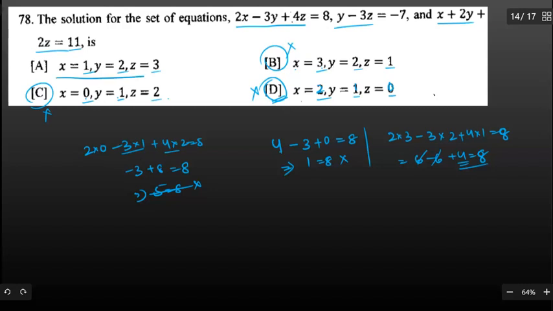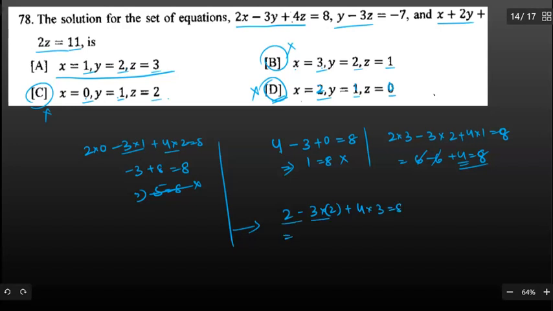Only option we have is option number A. Also, let's verify this: x 1, y 2, z 3. 2 into 1 is 2, minus 3 into 2, plus 4 into 3 equals 8. Is it possible?